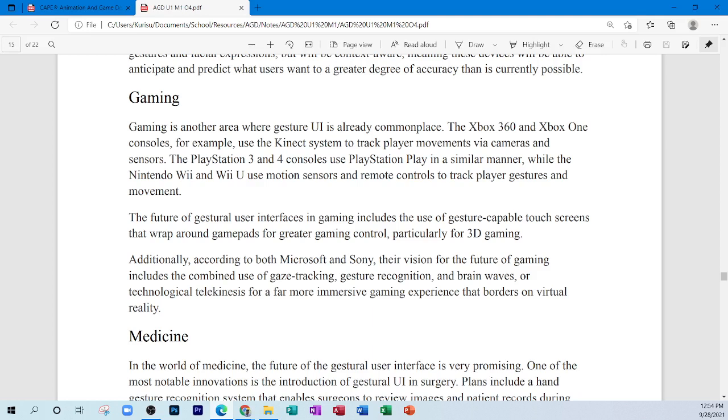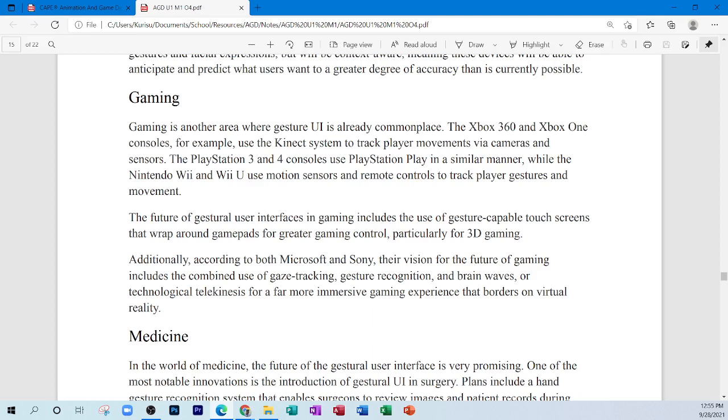So, gestures in game: based on the movements you make, you can interact with the game, or move a character in the game. For example, the Nintendo Wii system had the game Wii Sports, where you could use the remote as a gesture.